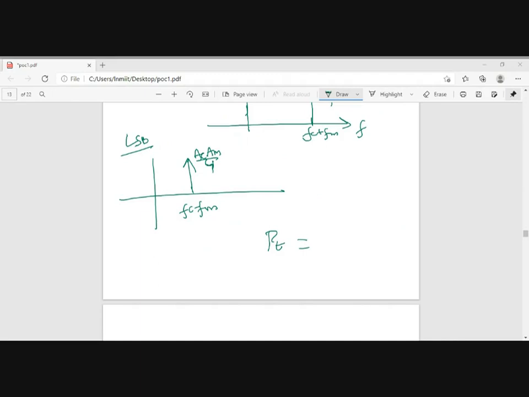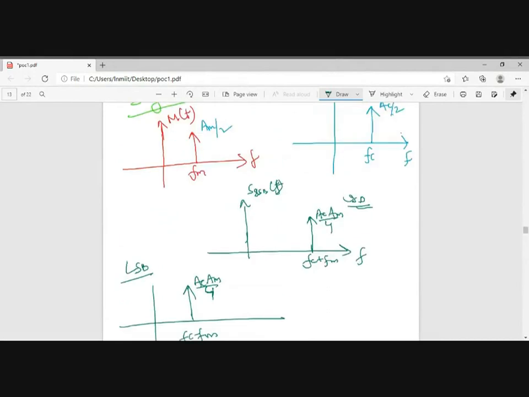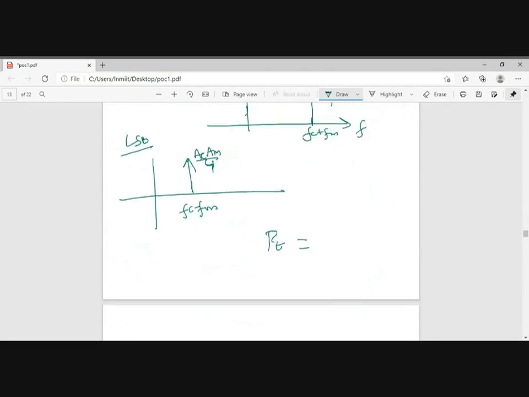Prachi, can you tell me what will be the power of SSB-SC? Can you unmute yourself? Okay, Niharika, can you tell me the power of SSB-SC signals? Simple. Sir, Ac Am by 4. Yes, this is a sinusoidal signal with amplitude Ac Am by 4, so power will be (Ac Am by 4) whole square divided by 2R.